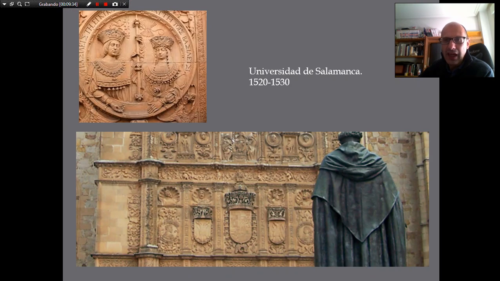In the central part, we have different shields representing the kingdoms that belonged to Spain at this time. This is an eagle, symbol of Castilla y León, and the eagle with 2 heads, which is the symbol of the Spanish Empire. And we have figures, for example, the king at this moment, who is Carlos I, Charles I, and his wife Isabel de Portugal.